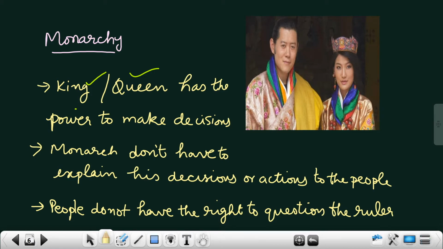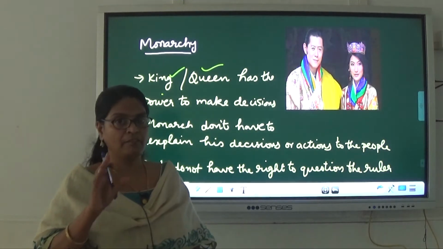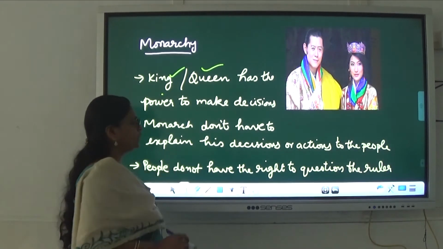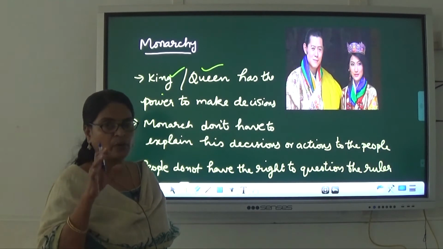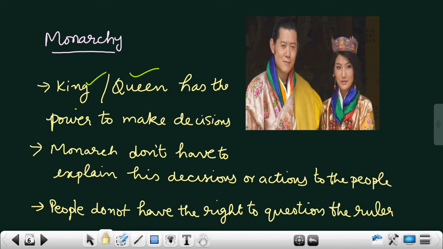He is not answerable to the people. The final word comes from the monarch, and in a monarchy, people have no right to question the ruler.